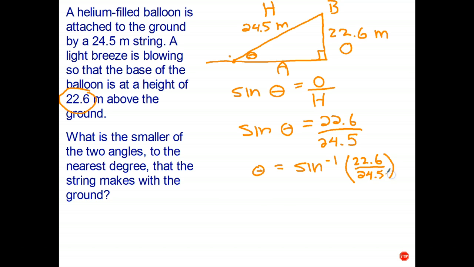By the way, this gives you a good example as to why you're better off leaving these as fractions. If you decided to turn that into a decimal, unless you're willing to write down all those decimal places, you're going to end up with an answer that's slightly inaccurate. So because this is so easy to do, keep it all in there. Therefore, you're working with the exact data, and you're only going to have the calculator round off the answer at the very last step.